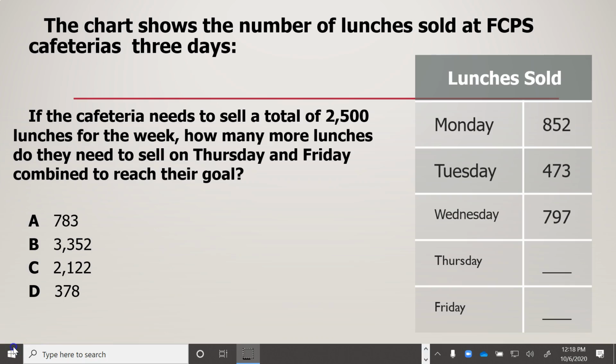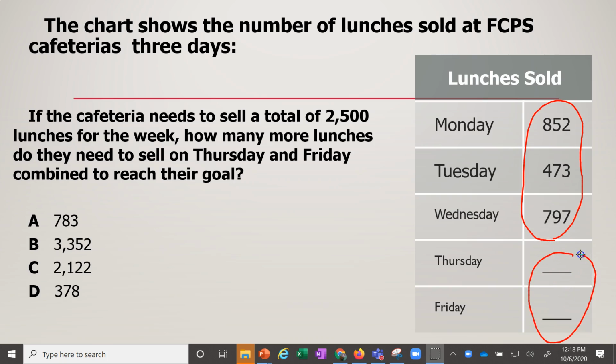All right, well, let's just talk about what's happening in the problem. Monday, Tuesday, and Wednesday, we know how many lunches were sold. Thursday, Friday, we don't know. We need to figure out how many lunches were sold on Thursday and Friday to meet our goal of 2,500, okay?